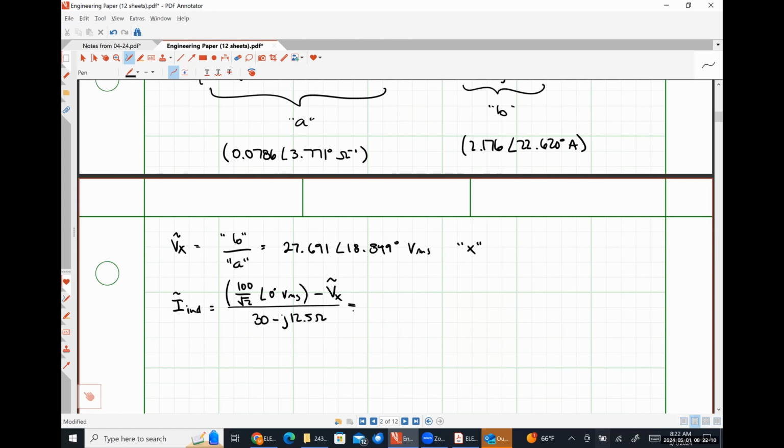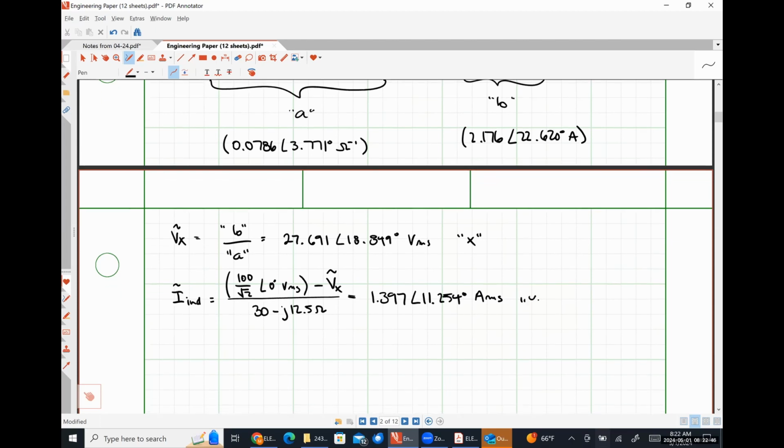So 100 over root 2 minus what I have stored as x divided by 30 minus 12.5 J comes out to be 1.397 and some change with an angle of positive 11.254 degrees amps RMS. Storing this as Y for when I use it in a moment.